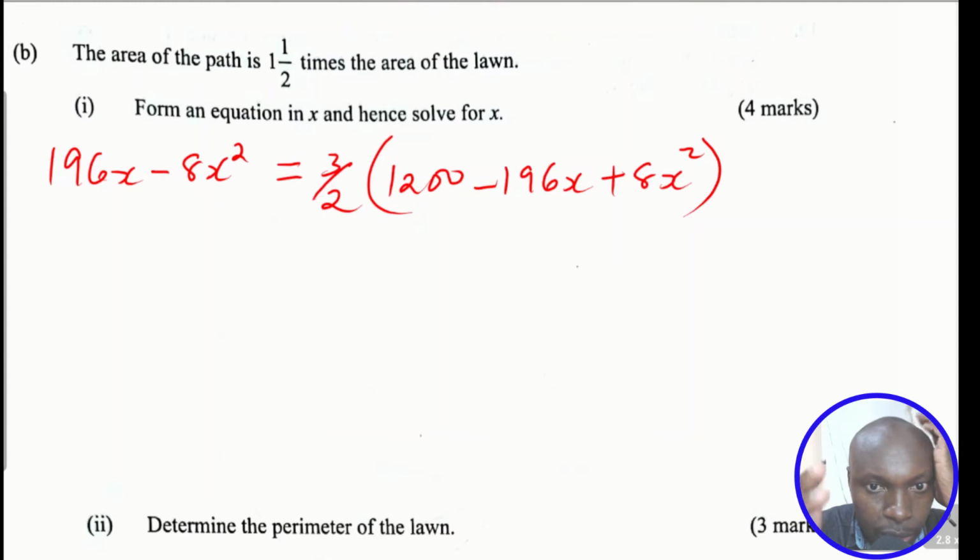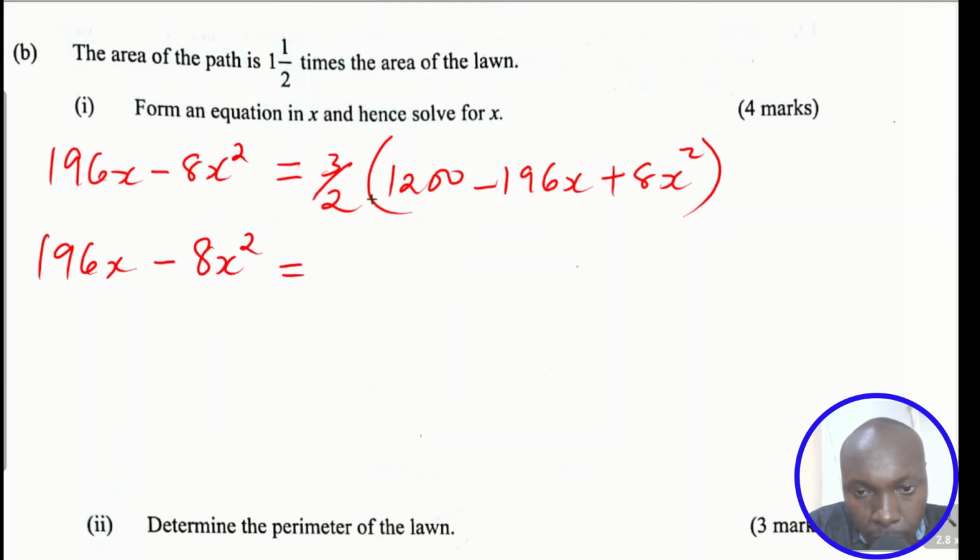The area of the path, which is given by 196x subtract 8x squared, is equal to 1.5 times the area of the lawn. 1.5 is the same as 3/2. Now simplify these, get 196x subtract 8x squared is equal to, multiply everything in this bracket by 3/2. 3/2 multiplied by 1200, you get 1800. 3/2 multiplied by 196, use a calculator to do this, you get negative 294x.